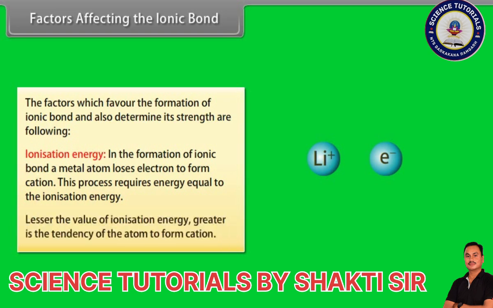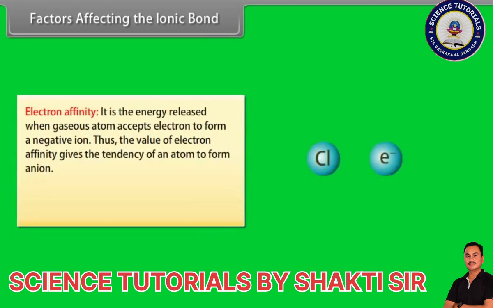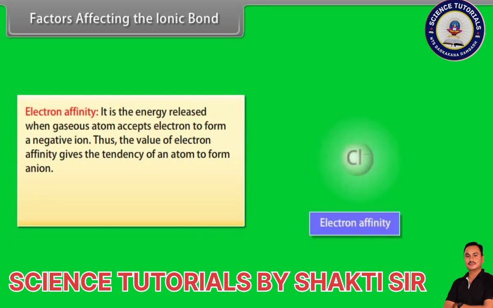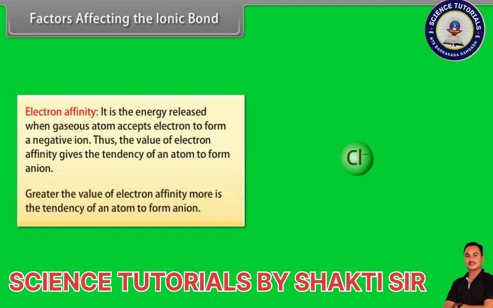The lesser the value of ionization energy, the greater is the tendency of the atom to form a cation. Electron affinity. It is the energy released when a gaseous atom accepts an electron to form a negative ion. Thus, the value of electron affinity gives the tendency of an atom to form an ion. The greater the value of electron affinity, the more is the tendency of an atom to form an ion.